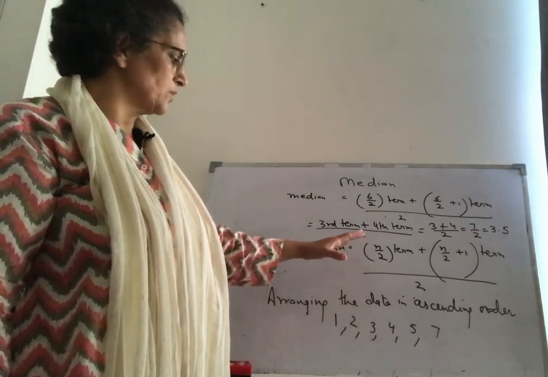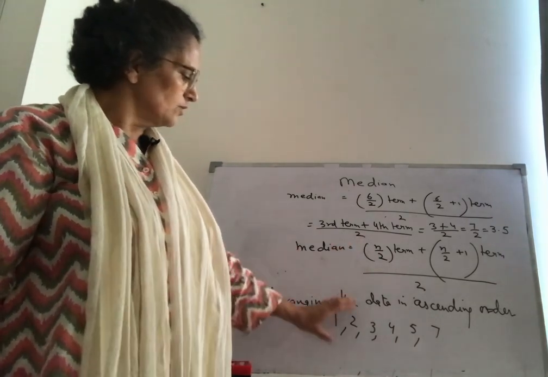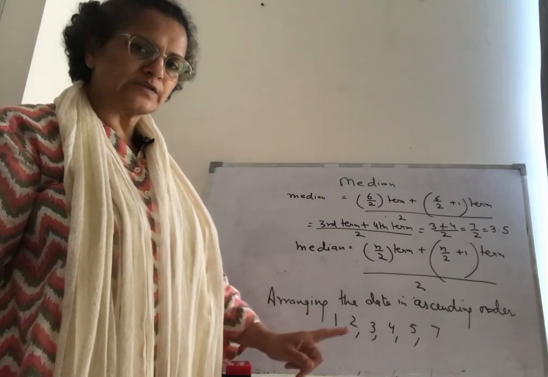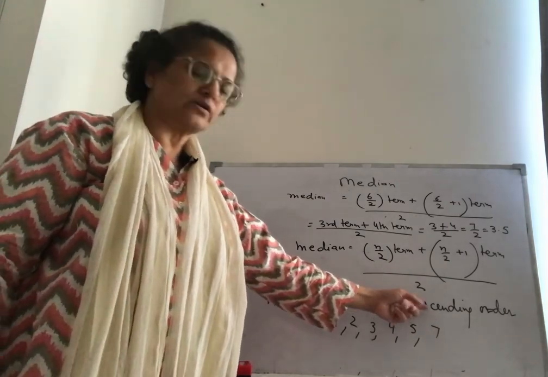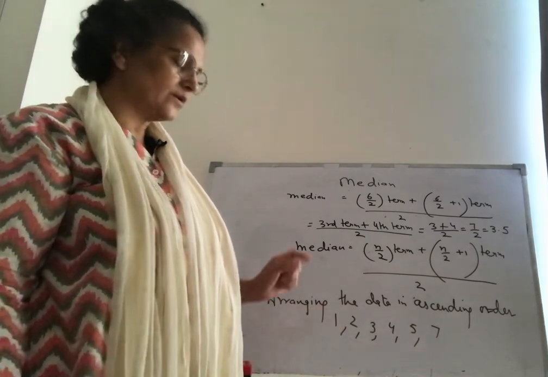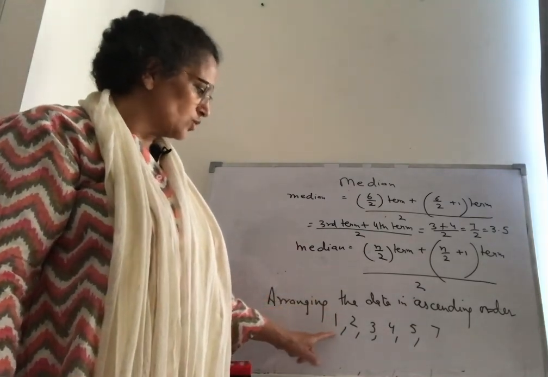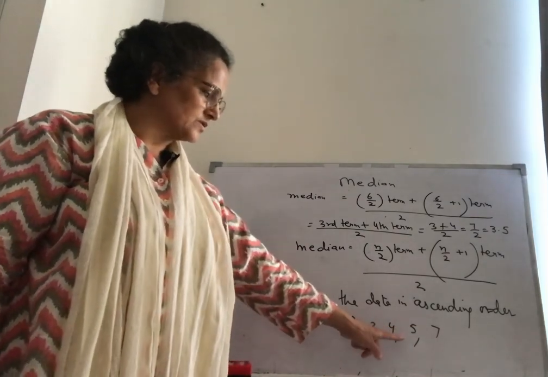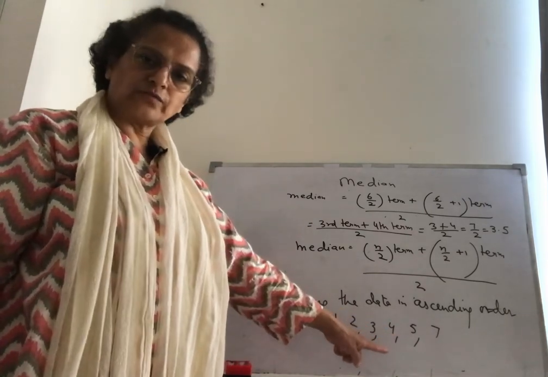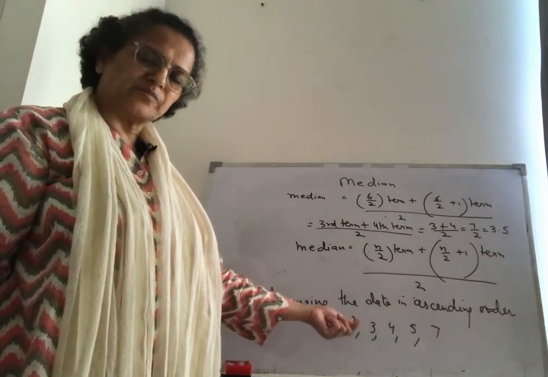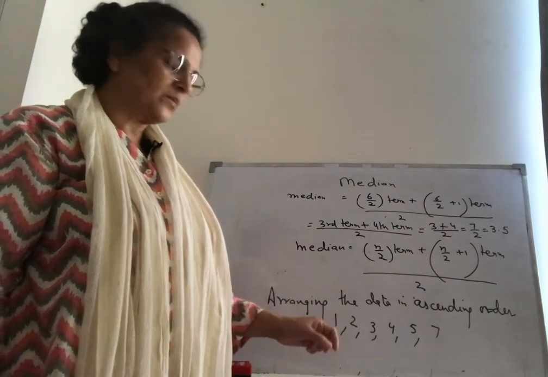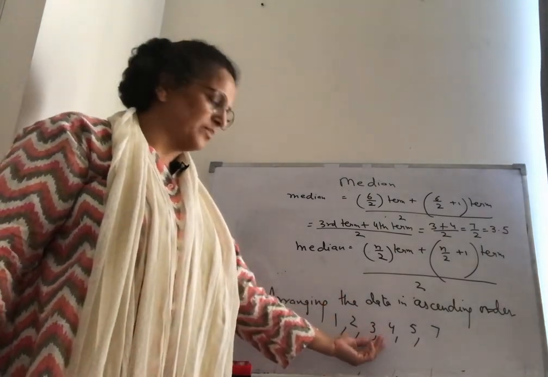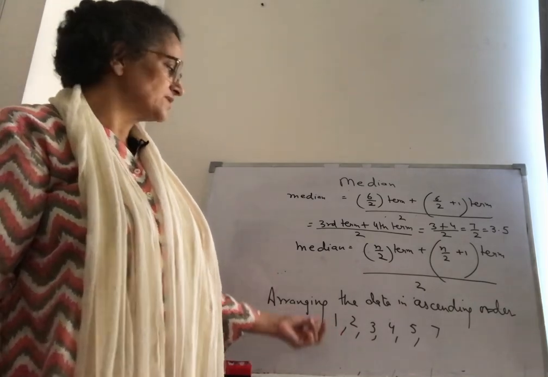So I am repeating once again. Whenever you see the data, the first step is to arrange in order. You can use ascending order or descending order. Next step, you count the number of terms. For an odd number of terms, the formula will be (n plus 1) upon 2. After checking which term will be the median, you go back to the data and pick up that term as the median.